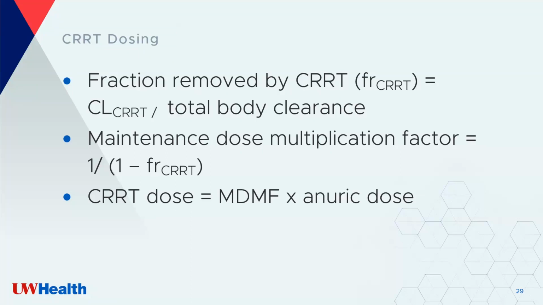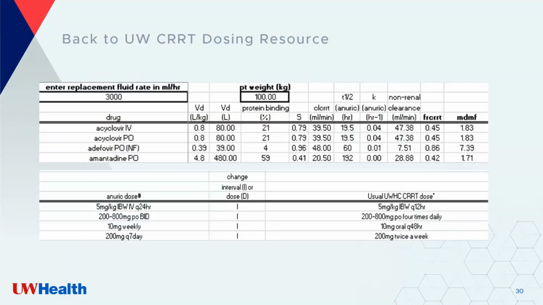And as I said previously, in our patients that do have some residual renal function or do have urine output, we may consider even empirically increasing the dose of the medication to account for the clearance that they do still have by their residual kidney function. So then just to review and go back to the CRRT dosing resource that I showed previously.